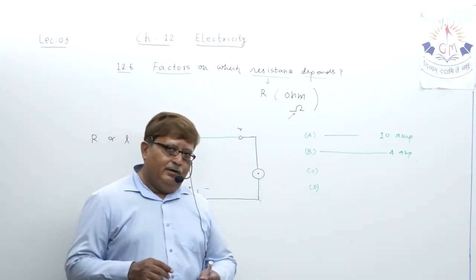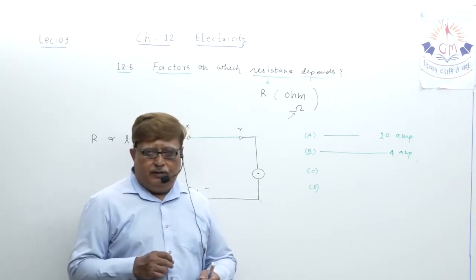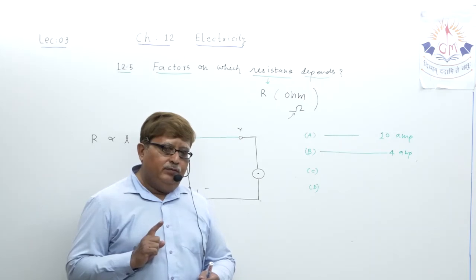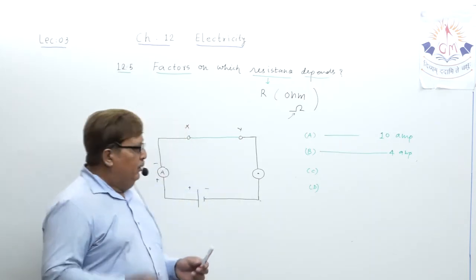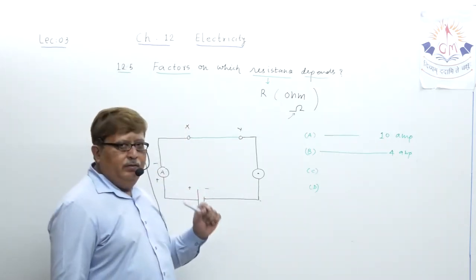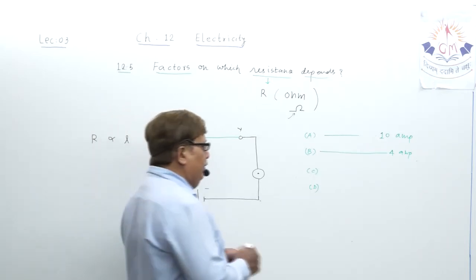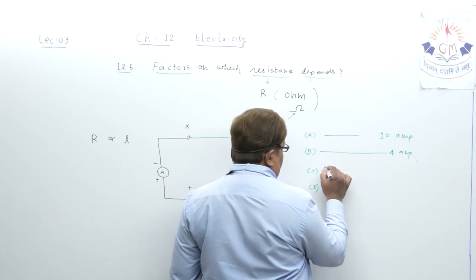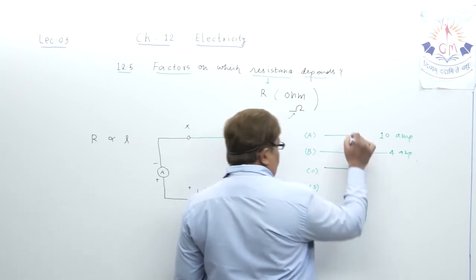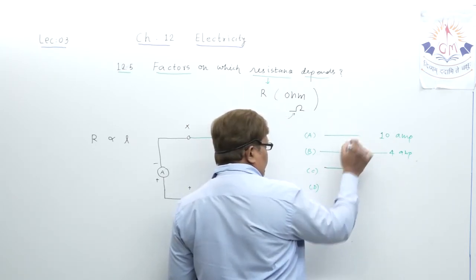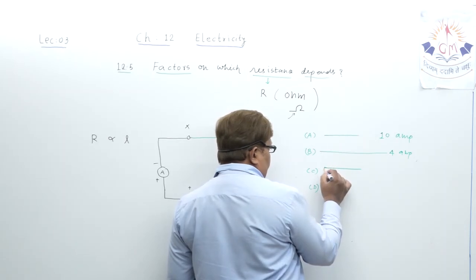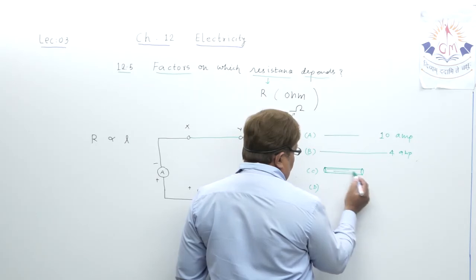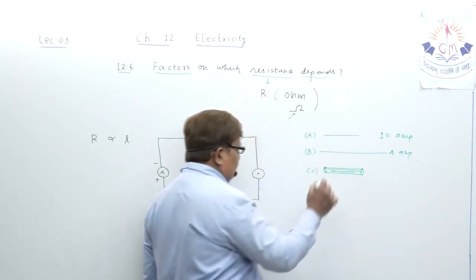Okay. Let us perform the same activity by not increasing the length of the nichrome wire, keeping the same length, but let me try to increase the thickness of the wire. I am showing it here this way. See, I am taking the original length only, but I am making it a little thicker. Okay, thicker wire.